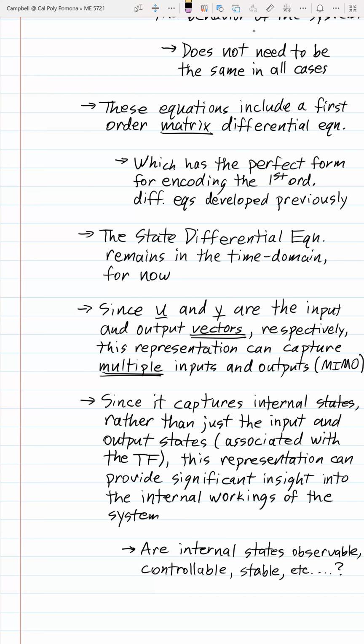And the state space models give us that insight. So we can see if an internal state is, in theory, going unstable.